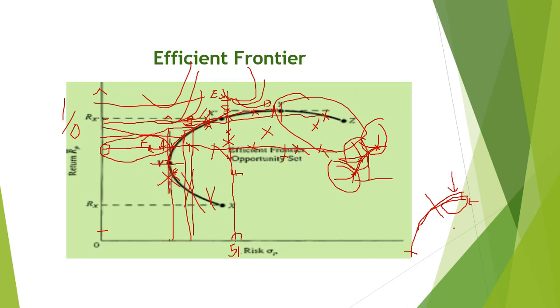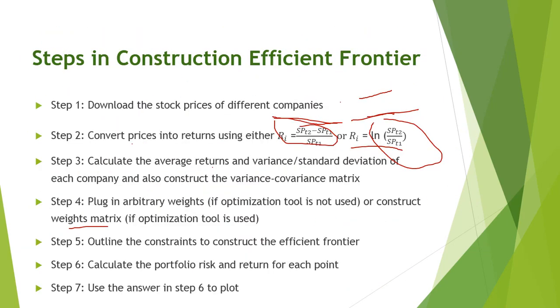So for the same level of risk, over here we are getting a lower return as compared to short sales allowed. So when we allow short sales, the expected rate of return can go up. For simplicity, we are not getting into the short sales.